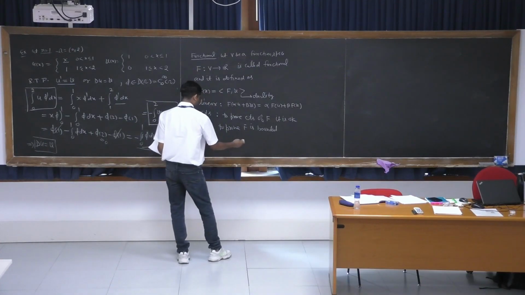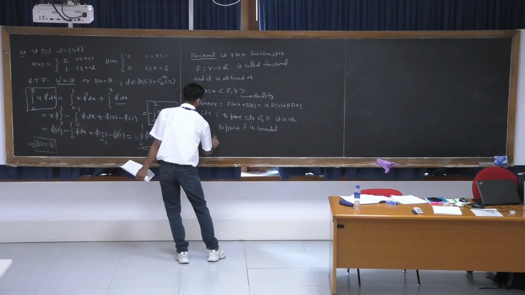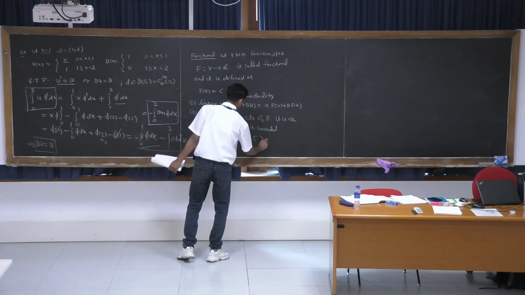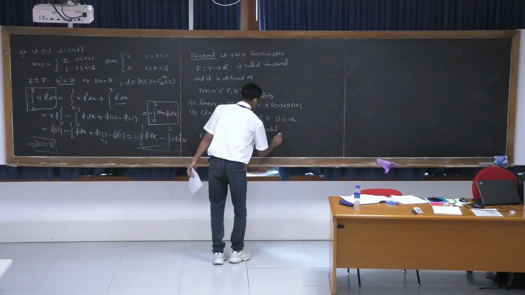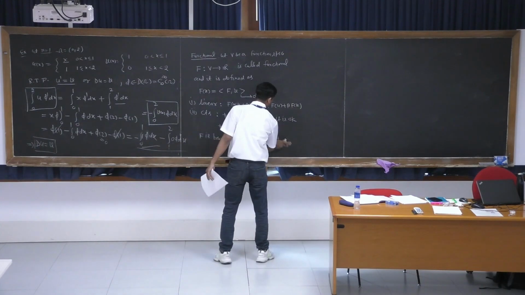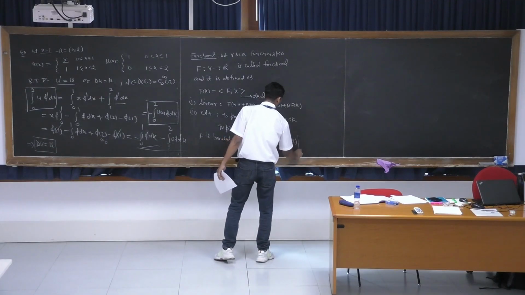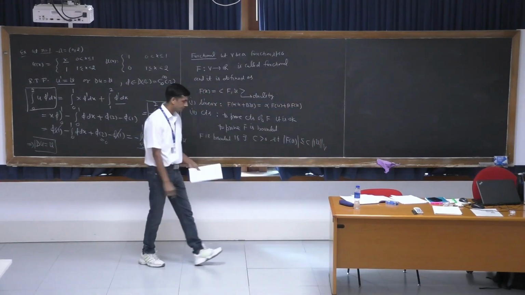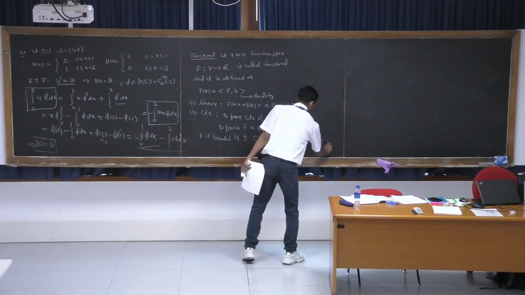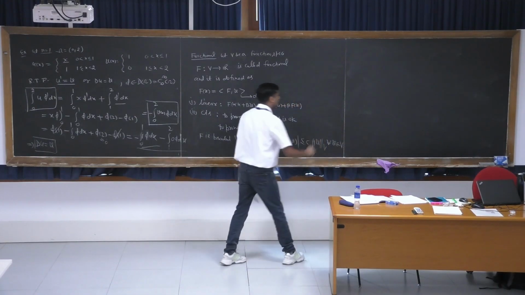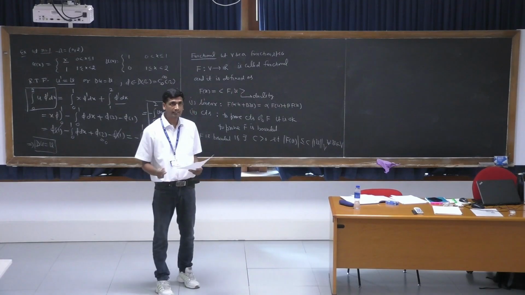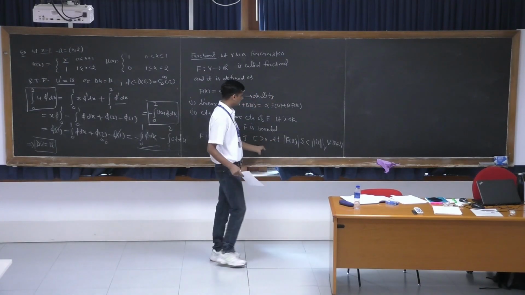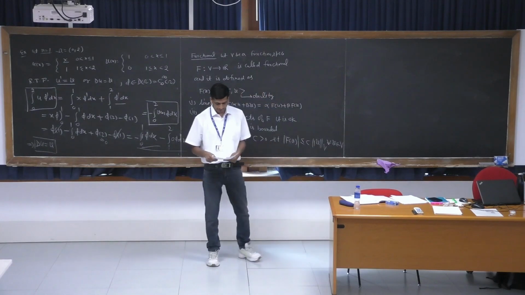F is bounded if there exists some constant C greater than 0 such that mod of f of v is bounded by C times the norm of v over the space V, for all v belonging to capital V. If this happens, then we can say that this is bounded, and to prove it is continuous, this is enough.